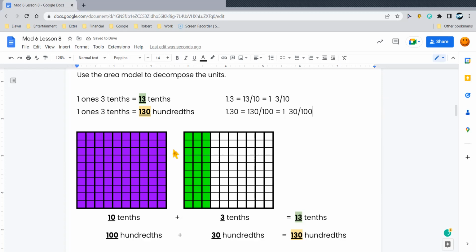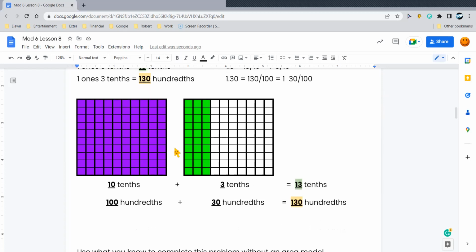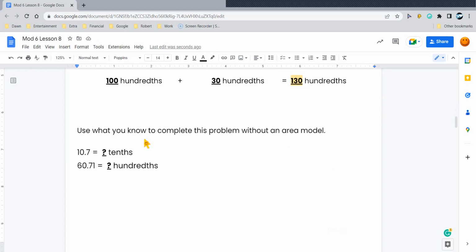Let's go look at how this works when we don't have the area model. Use what we know to complete this problem without an area model. So we have 10.7 and we want it in just tenths. So what I'm going to do is go ahead and remove the decimal and write 107 tenths.